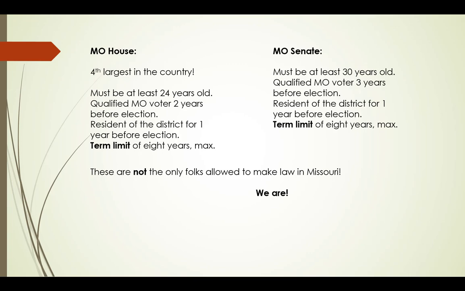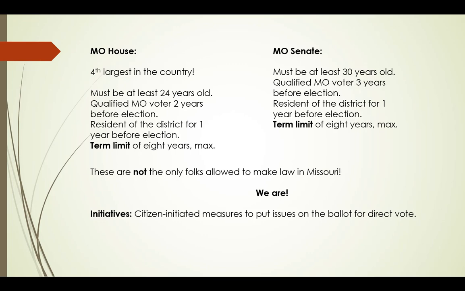Now, we have no ability to make laws in the United States government, but in the Missouri government, we can make laws. And we do it through something called initiatives. Now, initiatives are when we, the people, initiate a measure. In other words, we put some issue that we want to vote on the ballot directly.